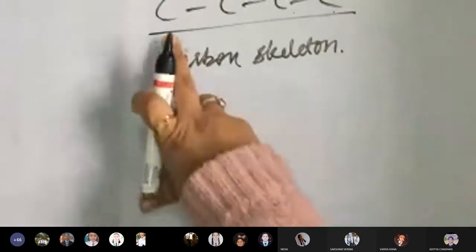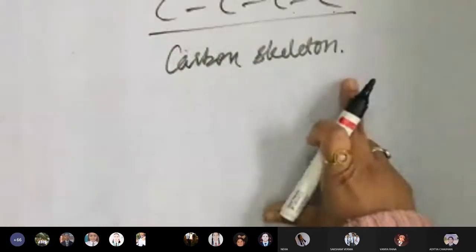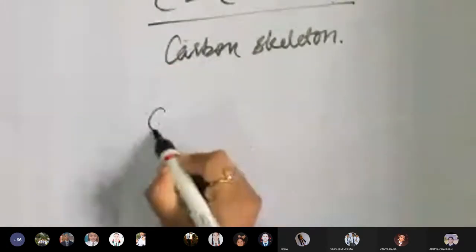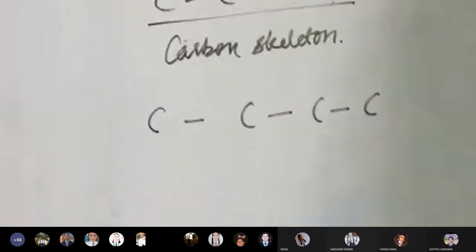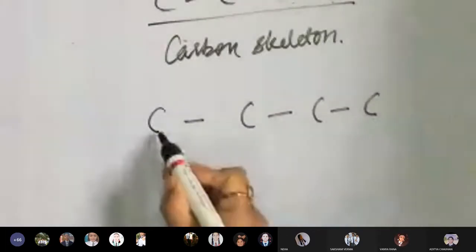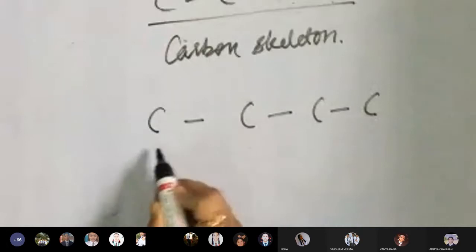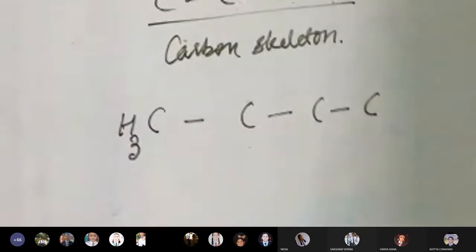If I draw an organic structure with only carbon mentioned, then that structure is known as the carbon skeleton. Now I modify this structure and write this carbon a little farther apart, because now I will be mentioning hydrogen also. This carbon already has one bond, and each carbon has to make 4, so how many hydrogens will be attached? 3.